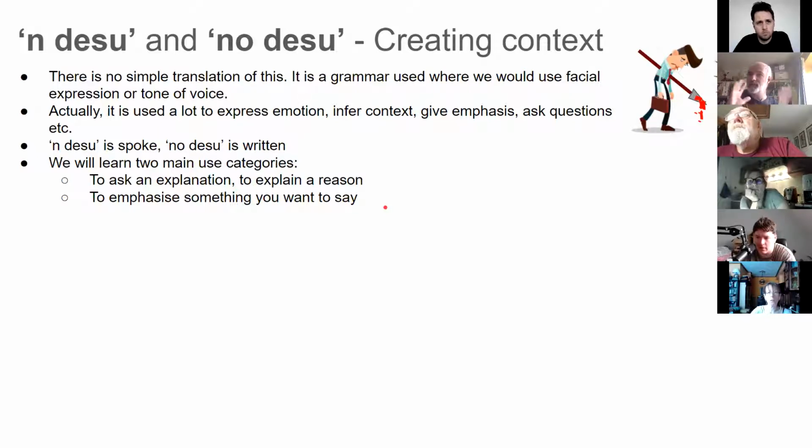Let's think about this one here, to emphasize something you want to say. So let's just change the roles for a second. Jock is now the teacher in a classroom, and I'm one of the students. And I put my hand up and say, Jock sensei, I really want to go to the toilet. Now, what does this sentence mean? I really want to go to the toilet. Is Jock's response to me, well, that is a natural human reaction to having a bladder full of fluid?